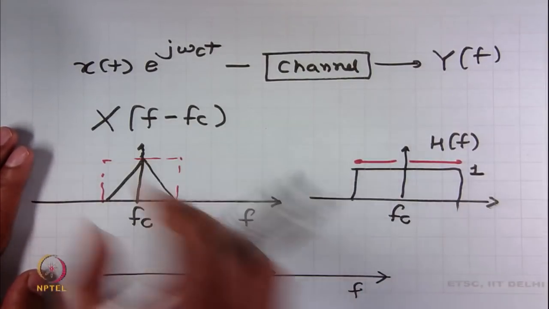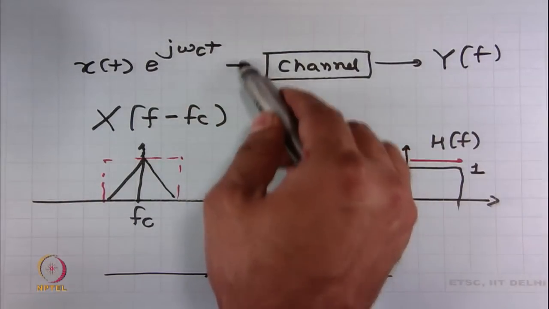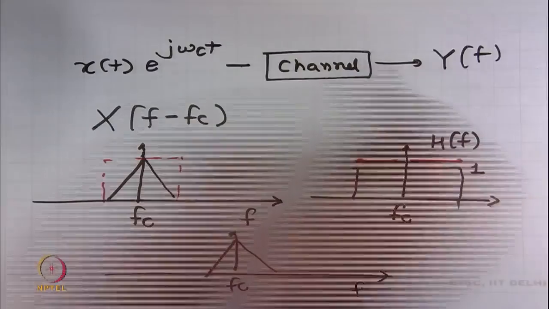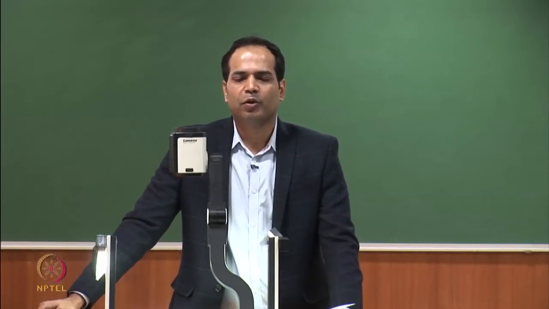Of course, we are not assuming any noise. So, the bottom line is that before transmitting a baseband signal over a passband channel, we need to multiply that baseband signal with e^{jω_c t}.